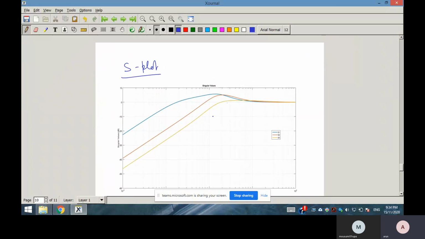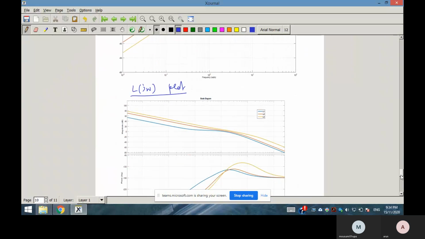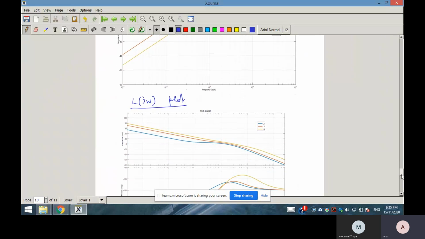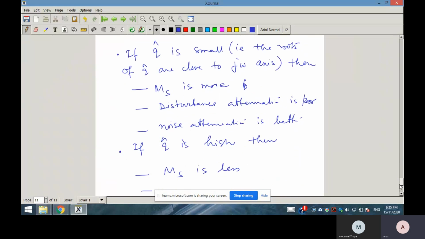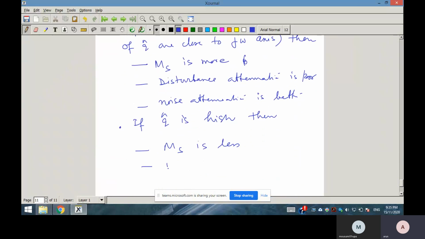And here you can see that L(j omega) has high gain compared to the others at low frequency. That means disturbance attenuation is good.